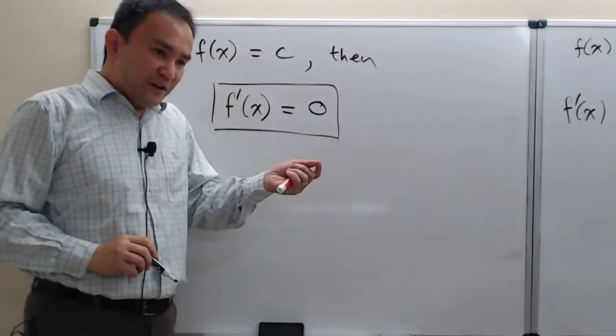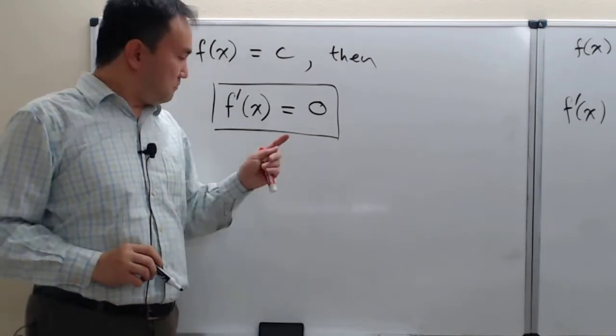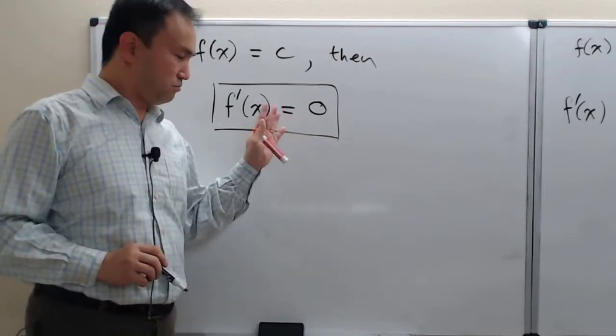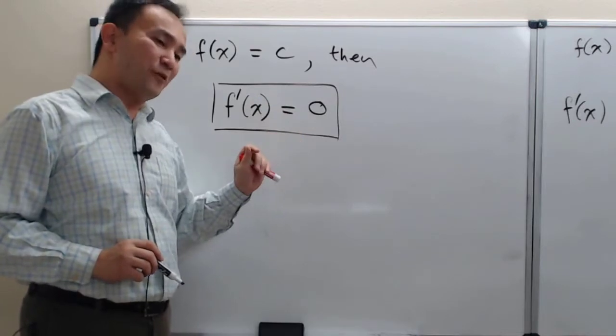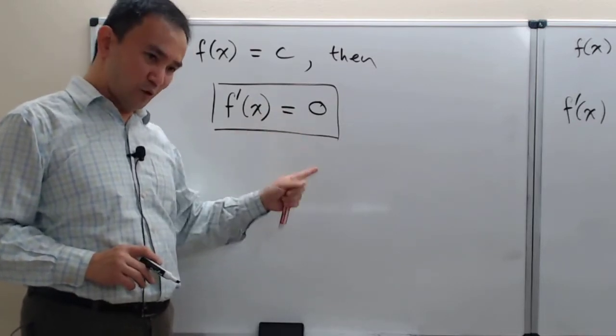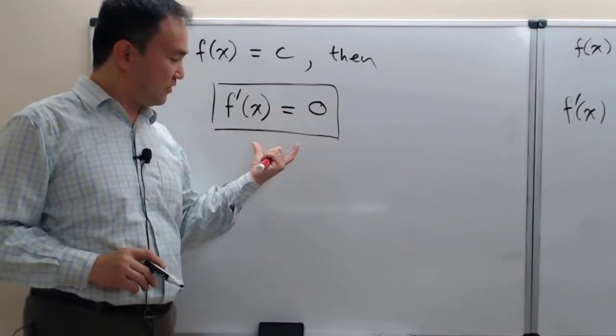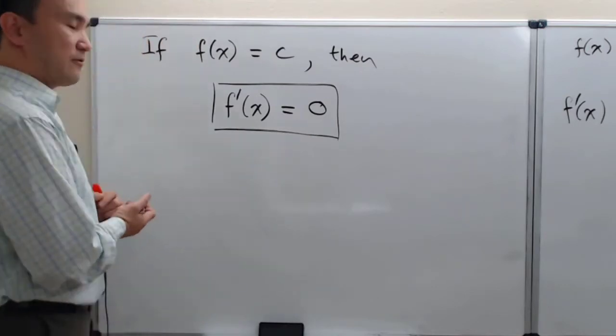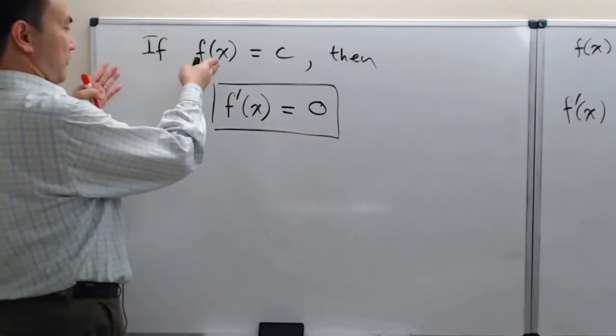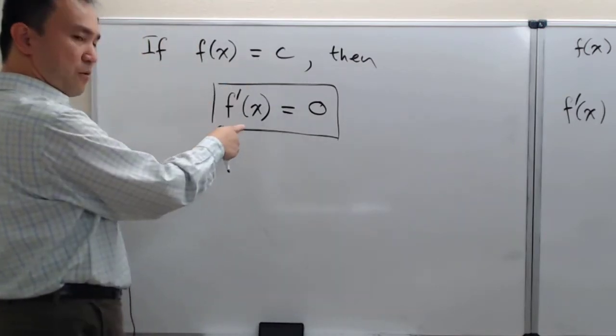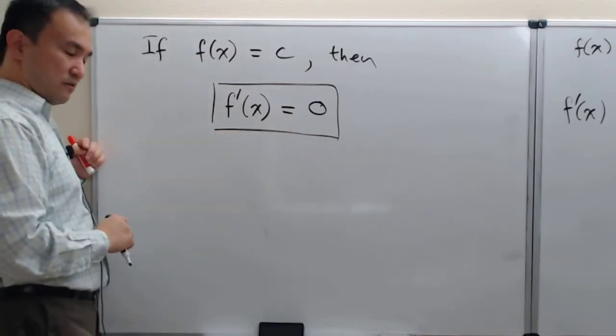Maybe this is the first time today we're recognizing this, so it's probably a little new for anyone, but trust me, it will stay with you as you see it often enough. If your function is a constant function, f prime is going to be 0.